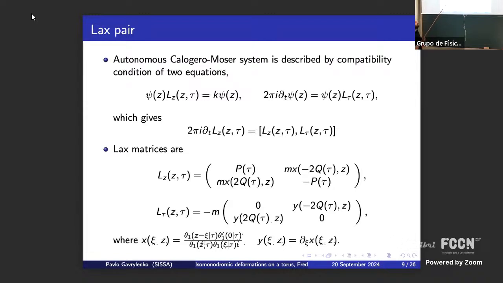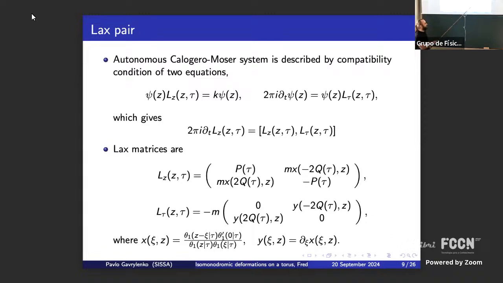So if it is the autonomous Calogero model, then it has this well-known Lax pair, with the Lax matrix that has a single pole at 0 and no singularities at other points.